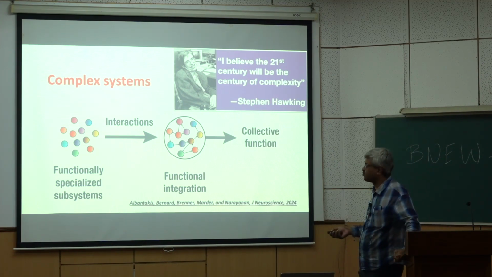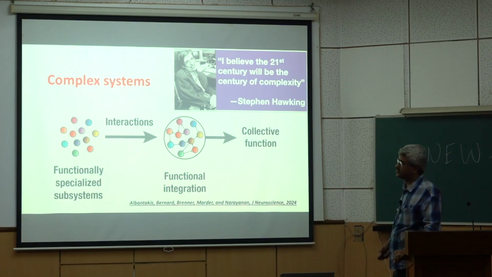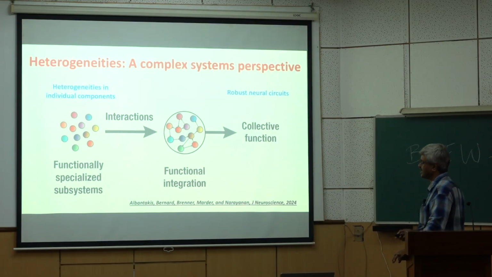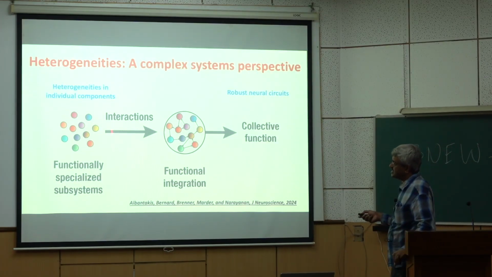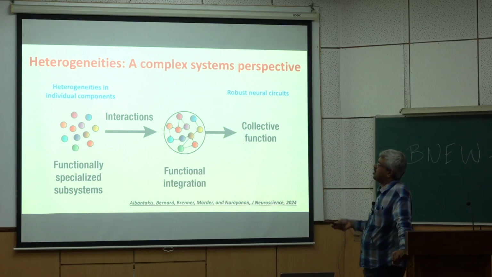So in this case, what I am interpreting with reference to the idea of heterogeneities is that these are heterogeneities in individual components, not just binary in terms of whether they are present or not, but also the degree to which they are present. And it's not one single heterogeneity that is going to give you functional resilience or better performance.